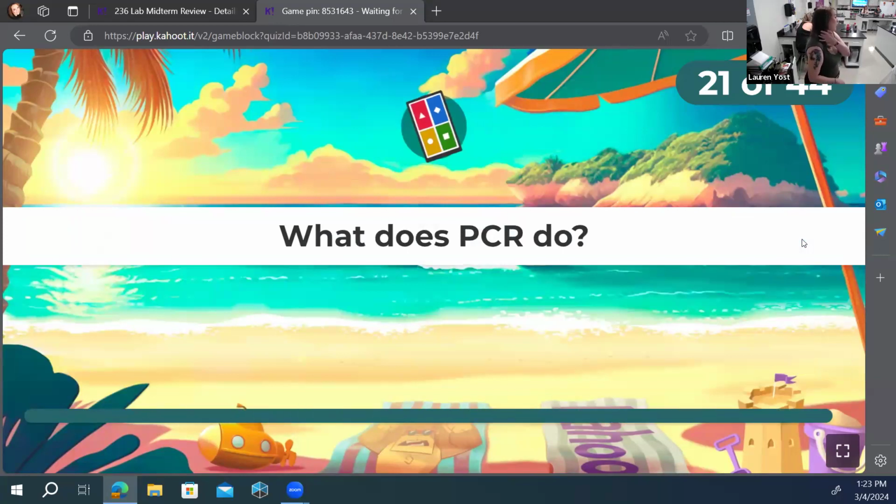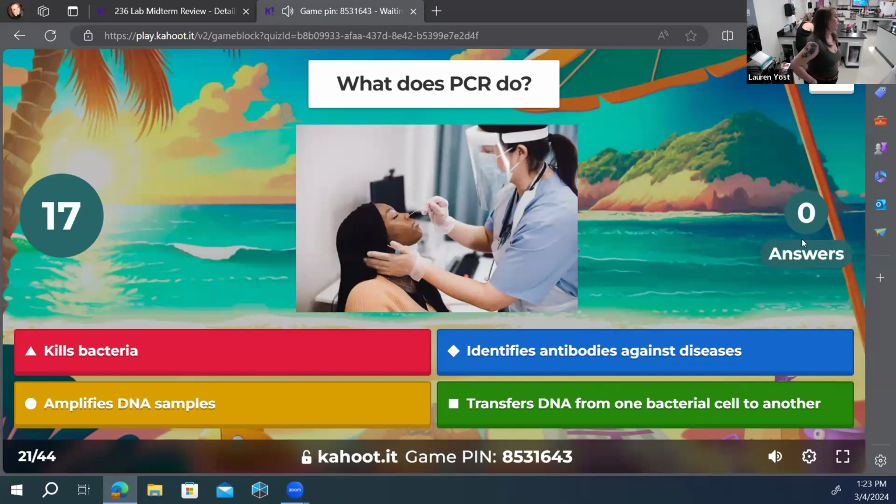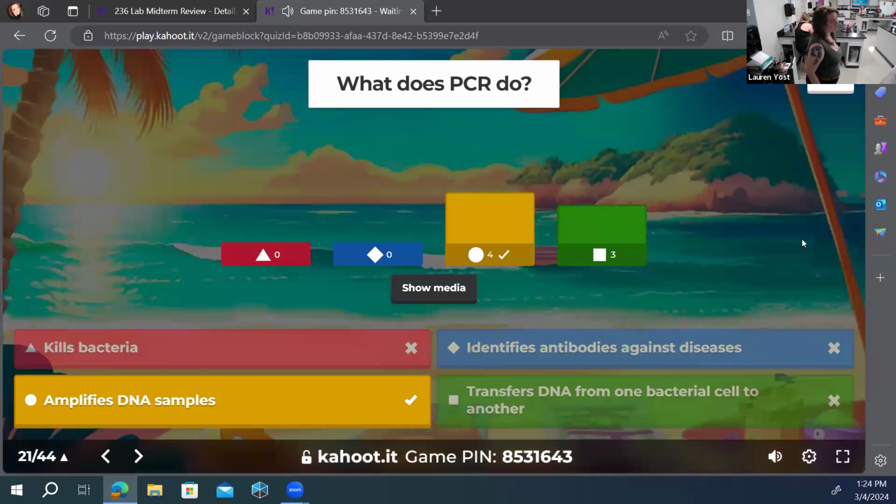So what does PCR do? All right, so yes, it's going to be amplifying your DNA samples.